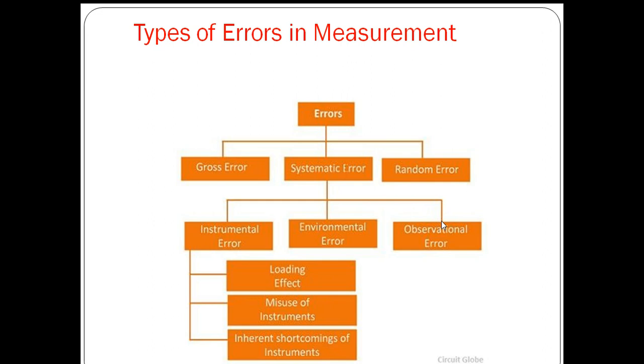Instrumental errors may be due to loading effect, misuse of the instrument, or inherent shortcomings, such as aging of the instrument. So mainly gross error, systematic error, and random error, and systematic error is further classified as instrumental, environmental, and observational error. We will discuss them in detail.